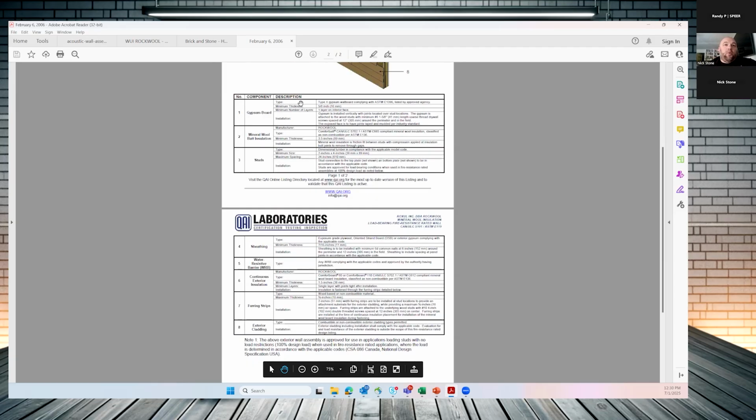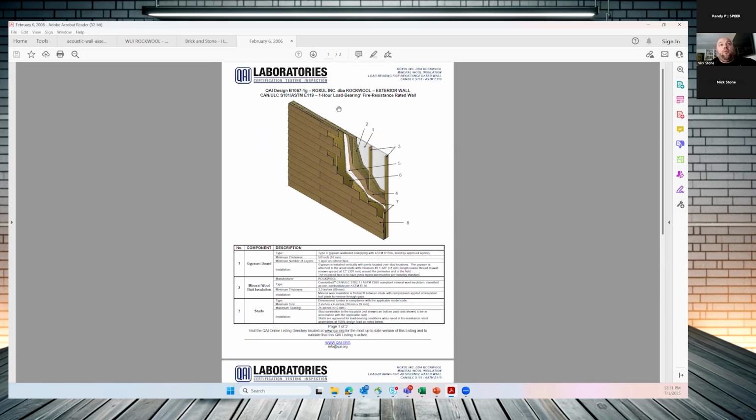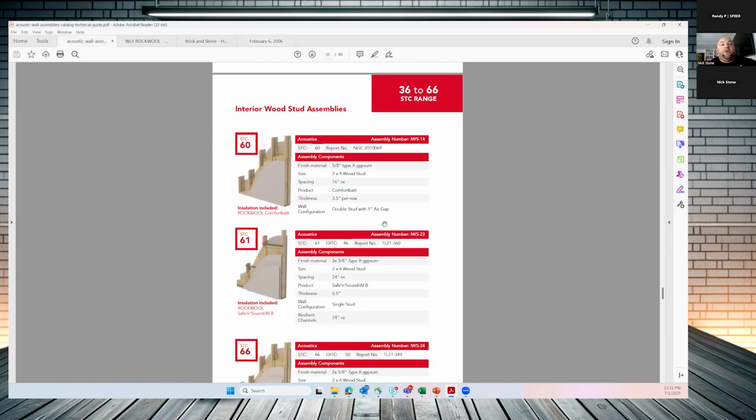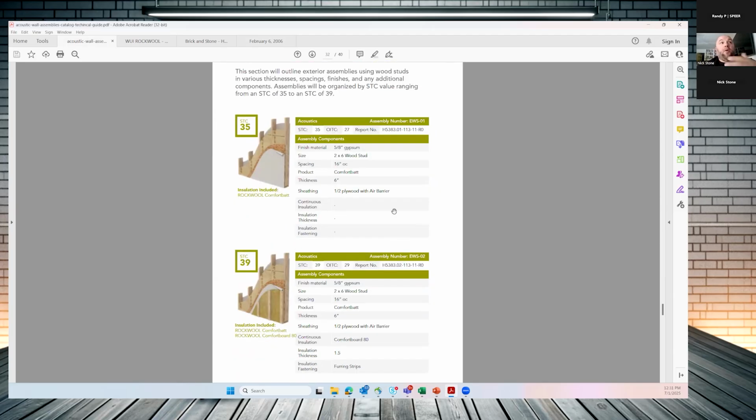It does walk your way down through the different materials and uses and what all that looks like. So not only is that going to give you great thermal, it's going to give you great fire protection. And moving back to our sound, it also increases the sound characteristics of that wall assembly as well. We're going to go from an STC of 35 up to an STC of 39 on those exterior walls.